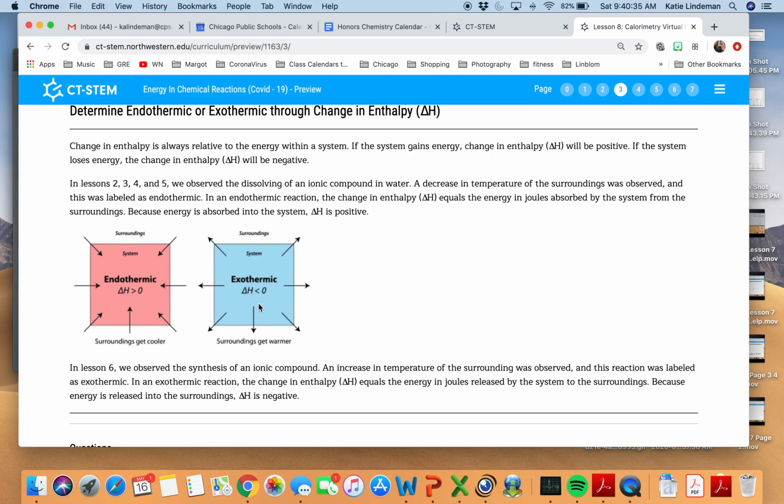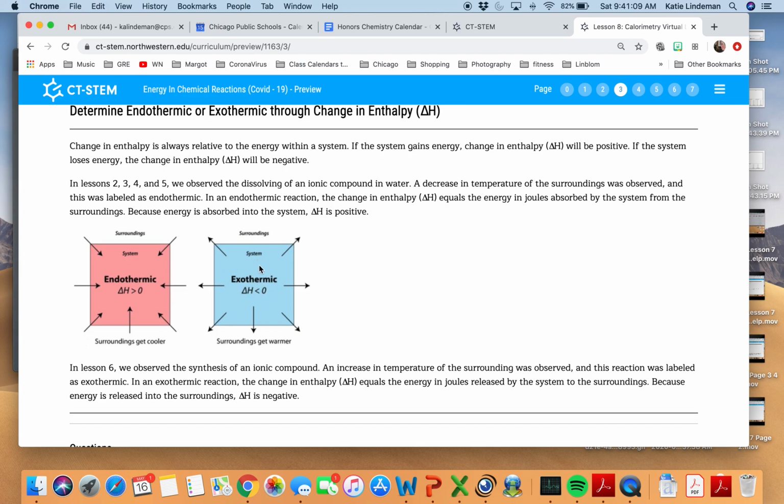Something else I just want to point out with these colors: we tend to associate exothermic with something getting hot. The reason why exothermic feels hot is because your hand, which is doing the sensing, is actually receiving energy from the system. If the system is losing energy and pushing energy into the surroundings, the surroundings are going to get hotter.